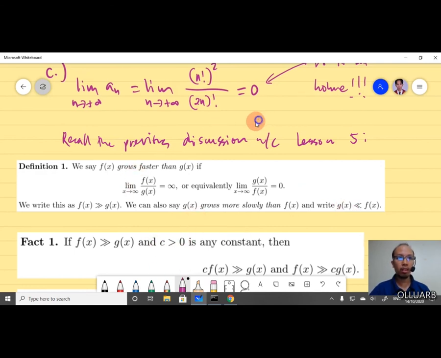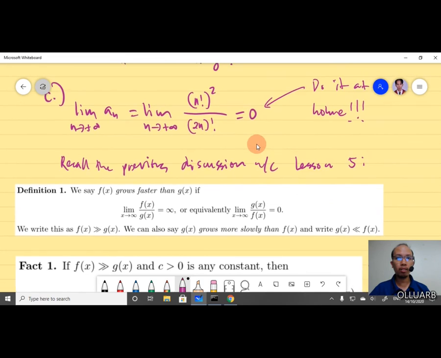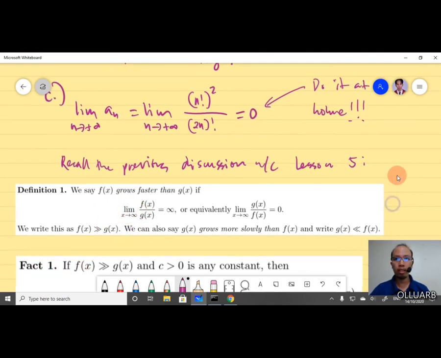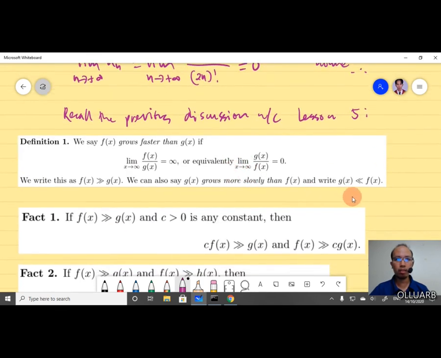Okay, so as I've said, do it at home, that the limit of the sequence a sub n, which is this one, is actually 0 by using this following definition and fact. I discussed this already.